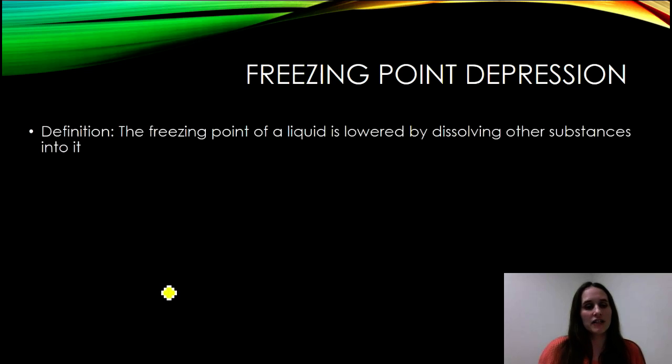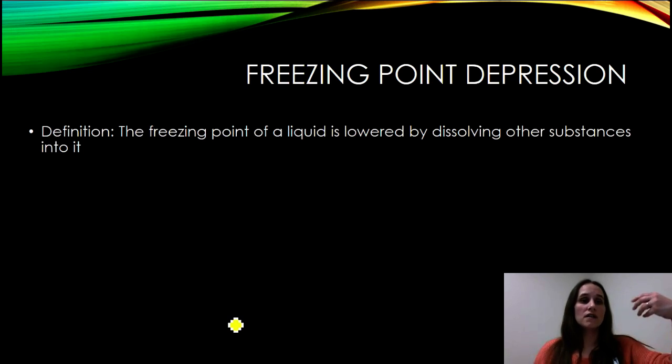So depression, not like it got sad and doesn't want to go outside today, but as in it lowers. So the definition here, freezing point depression: the freezing point of a liquid goes down. It is reduced or depressed or lowered by dissolving other substances into it. So if you dissolve salt into water, the freezing point goes down. So instead of freezing at 0 degrees Celsius, it might not freeze until -5 degrees Celsius. That means you can get the water colder than you could have otherwise.